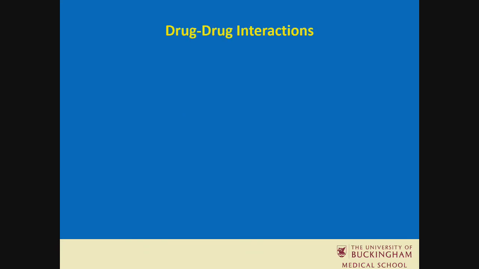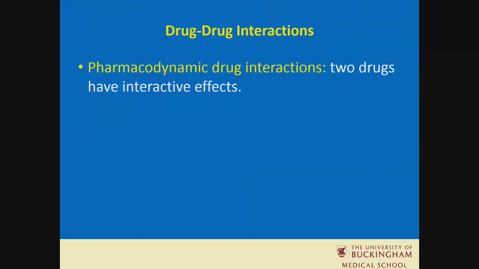So drug-drug interactions are common, and there are two types. We've got pharmacodynamic drug interactions, and this is where two different drugs have two interacting effects. They're not acting in the same place, and they're not directly interfering with each other, but they've got two different pharmacologies that come together.